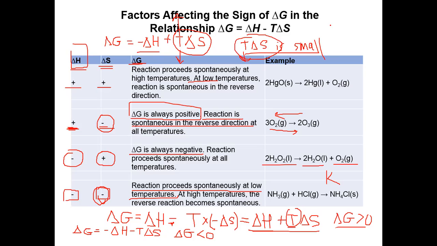For example, if delta H is minus 5 and T delta S is 3, then it's going to be minus 2, which means that it's negative all the time. Okay, and delta G is going to be less than 0 at low temperatures, which means that reaction proceeds spontaneously at low temperatures. All right.